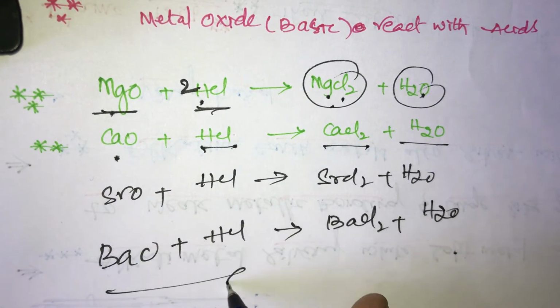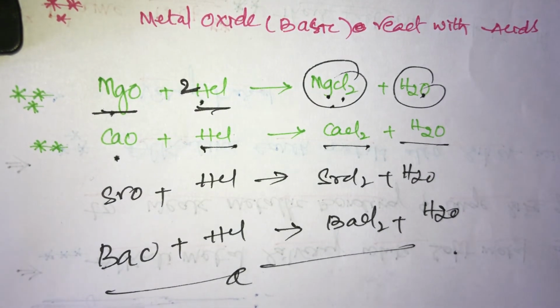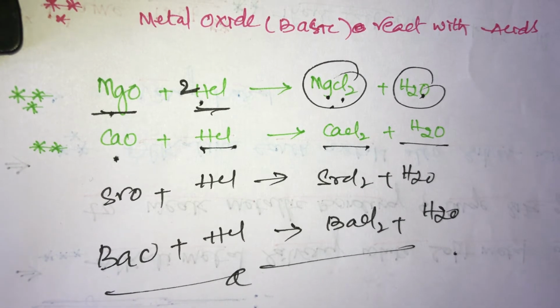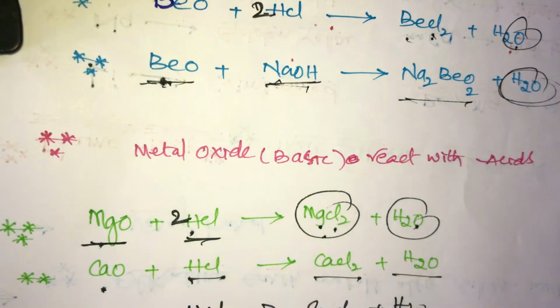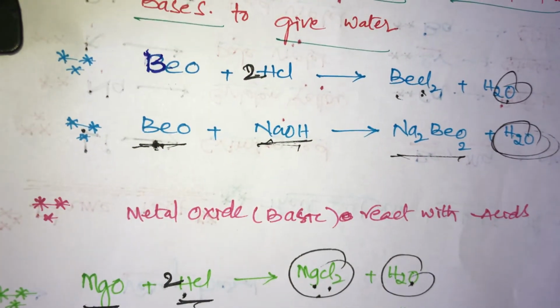These are very important, students. Amphoteric oxides react with acids and bases, but basic oxides react only with acids to form salt and water. These are the important natures of oxides.